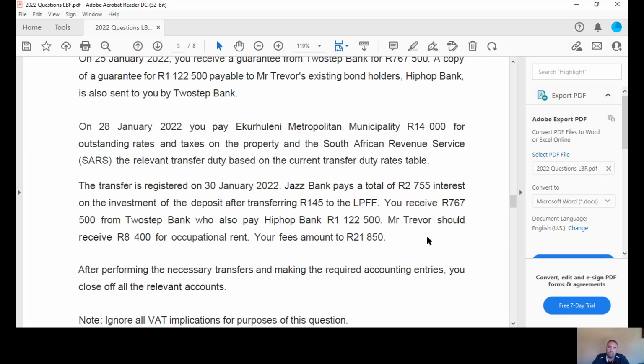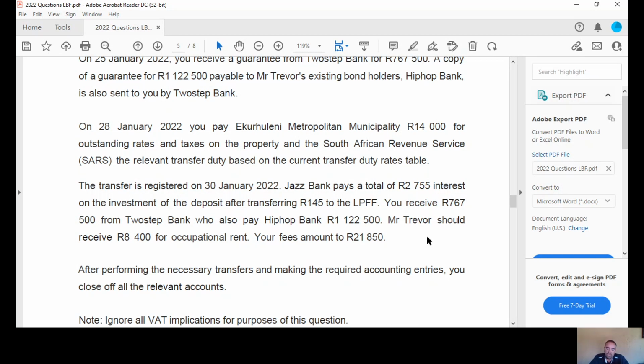Okay, so now everything's going to happen. Jazz Bank pays a total of 2,755 interest on the investment of the deposit after transferring 145 Rand to the LPFF.